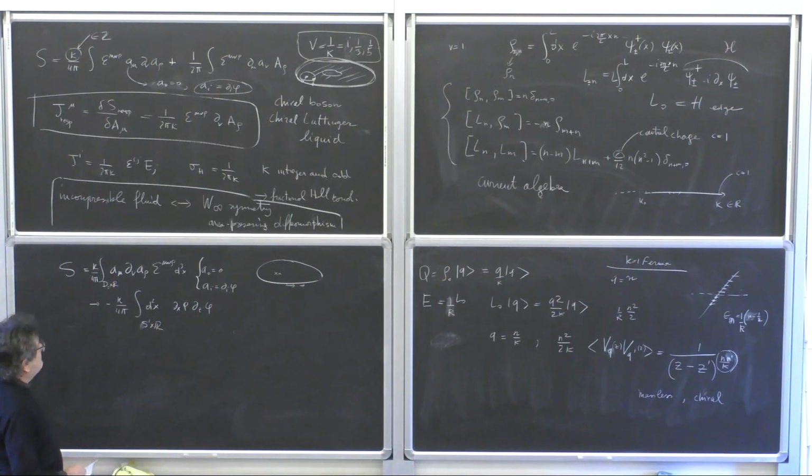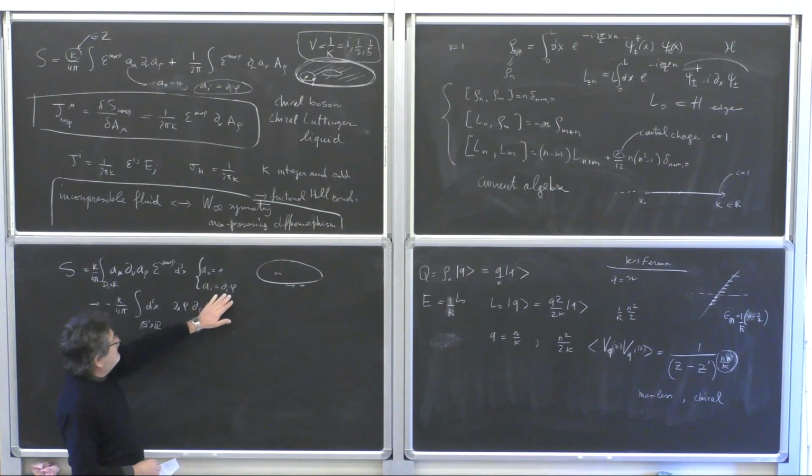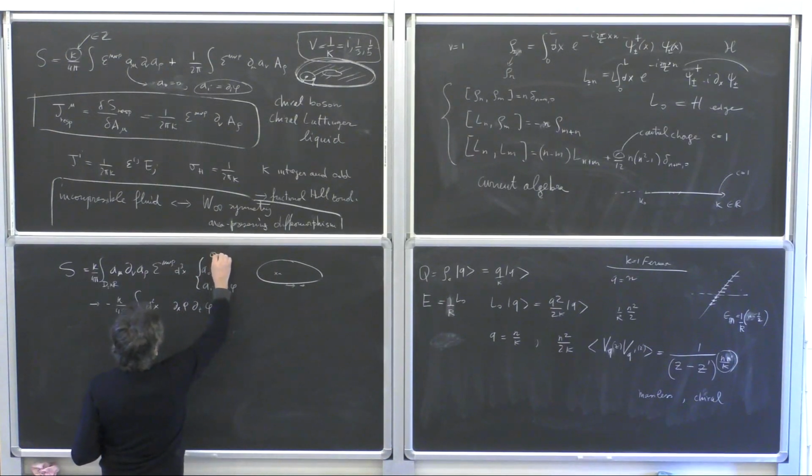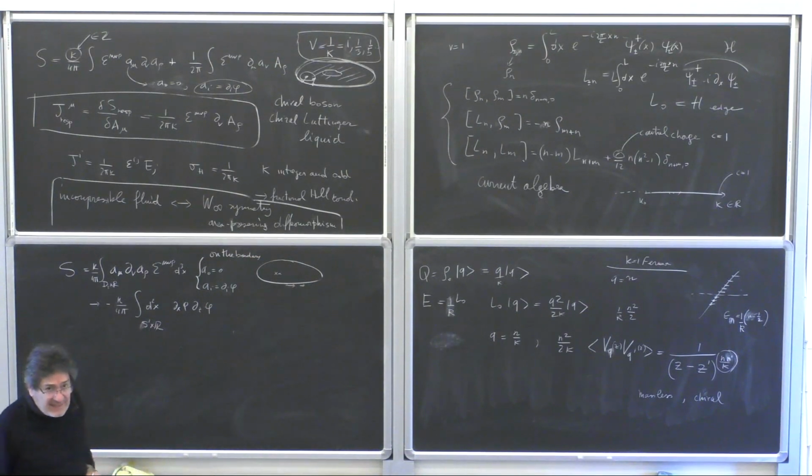There are several explanations, and one explanation is that this is a gauge degree of freedom in the bulk, but on the boundary it becomes physical, okay? No, on the boundary. Yes.